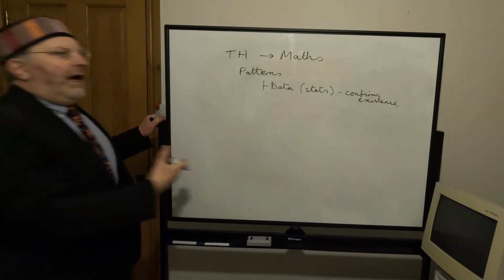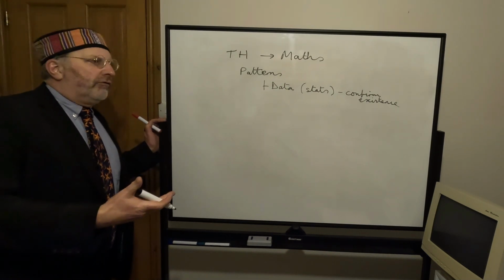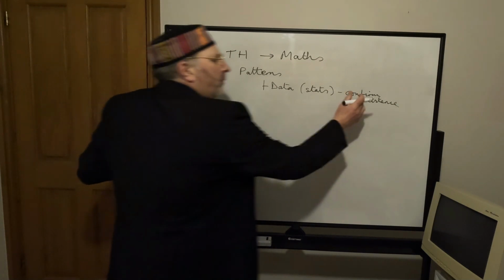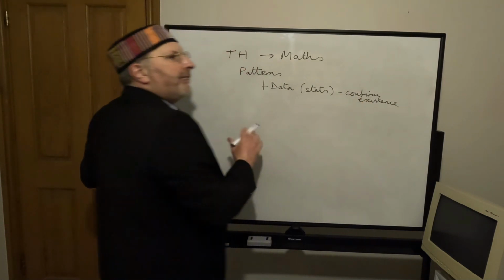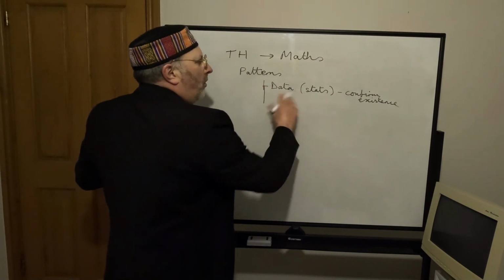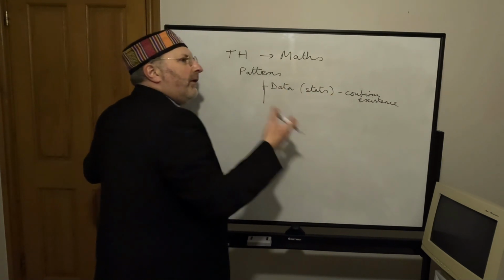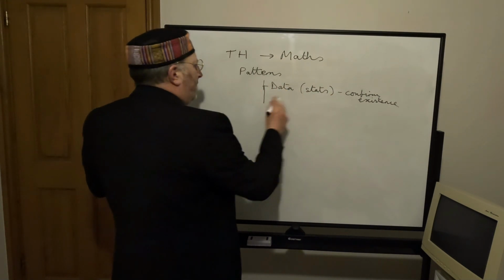So it looks like the durations of empires fit a normal distribution. With statistics we can prove whether it does or does not. We can confirm the existence of patterns, or whether these two variables seem to be related. With the statistics we can tell whether or not that is a real correlation.